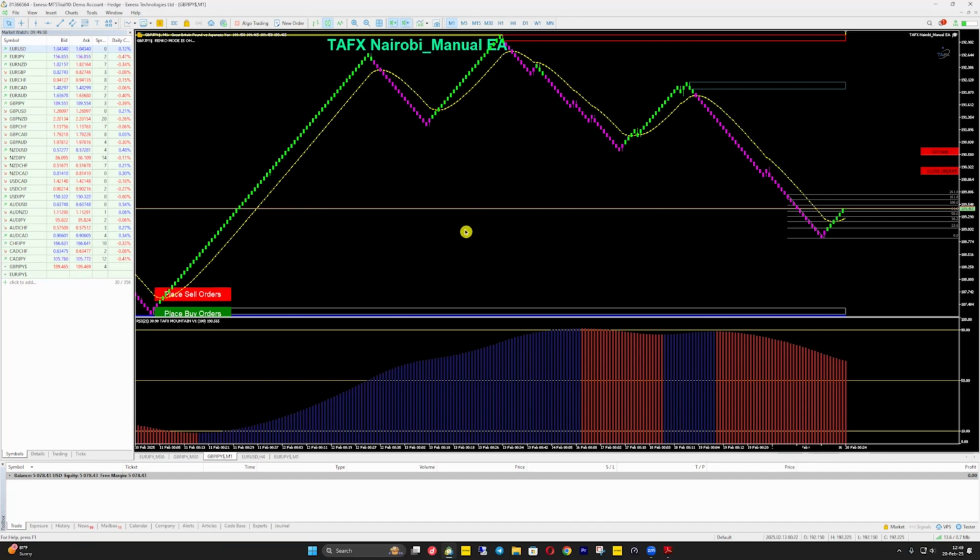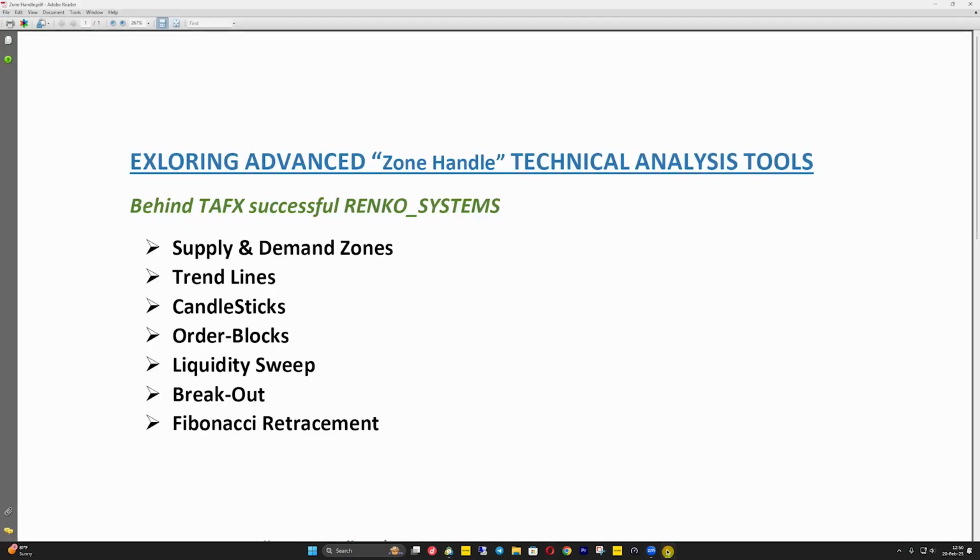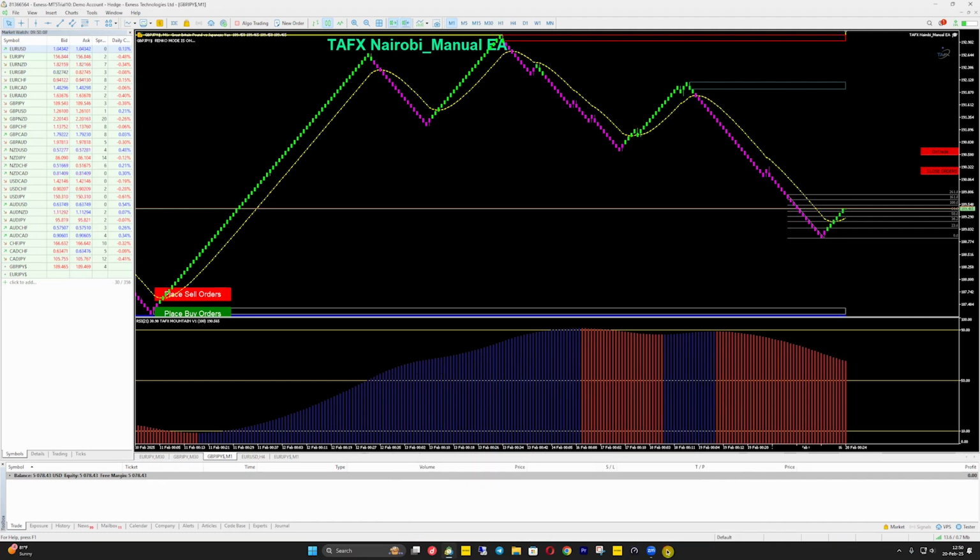The analysis, everything that I'm talking about here, all those tens of things, will be analyzed by the EA automatically. All right. So the manual part is only when placing the order manually. The rest, you don't have to worry about where to take the stop loss or take profit.